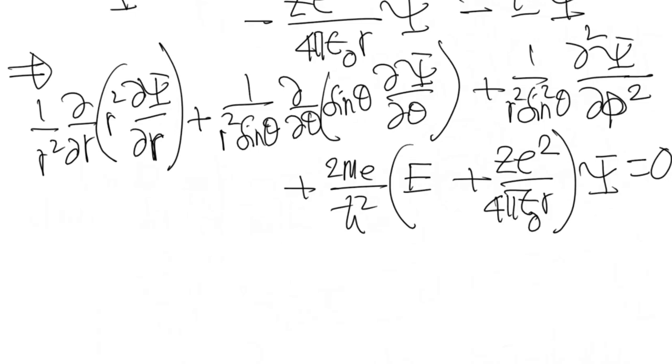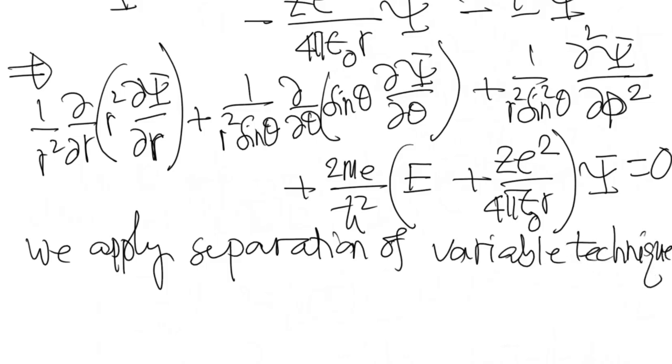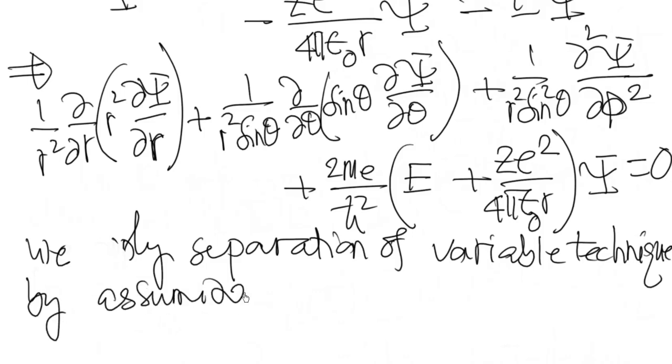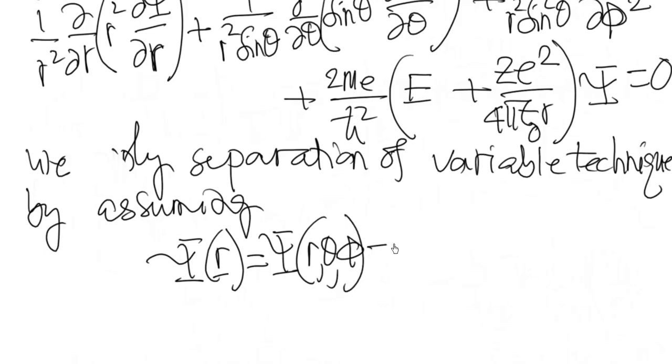Okay, we shall apply separation of variable techniques to solve this equation, assuming that the total wave function is a function of r, theta, phi, and is the product of three wave functions.